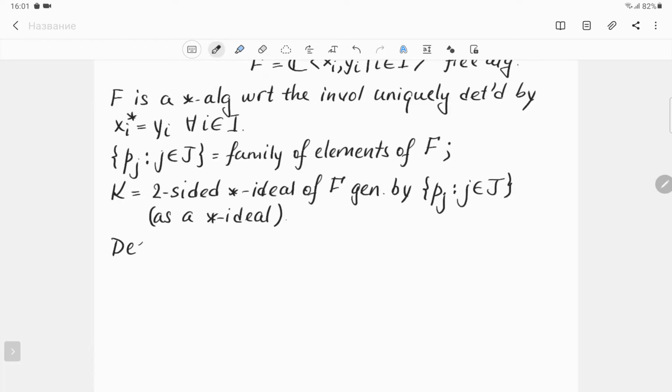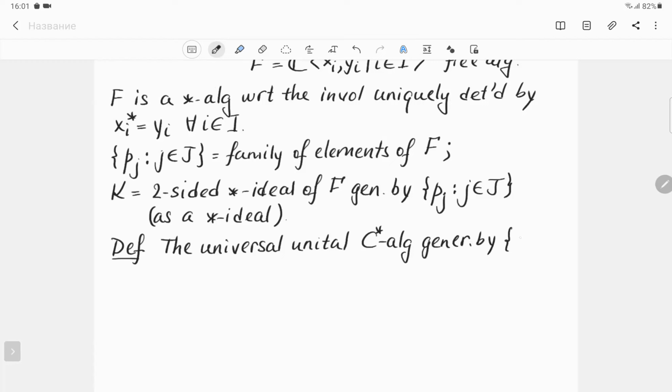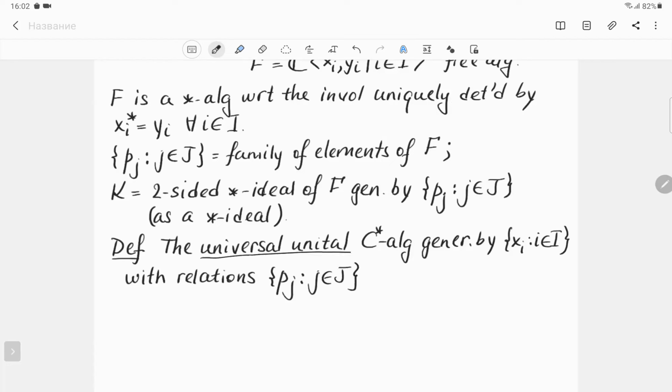We now define the universal unital C-star algebra generated by the letters xi with relations Pj as follows.